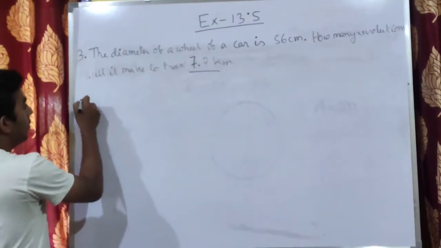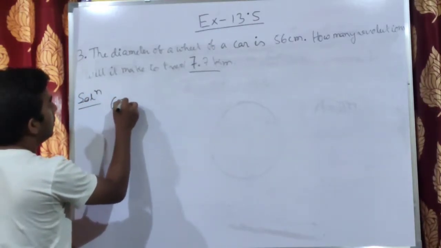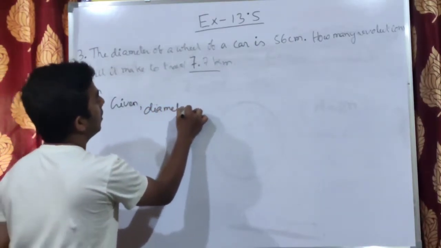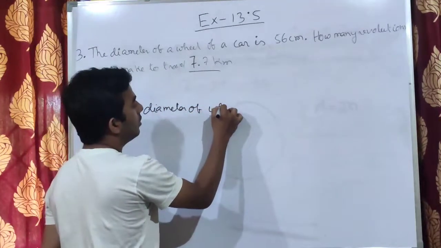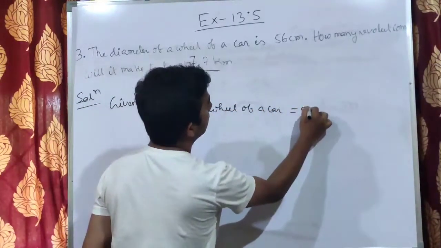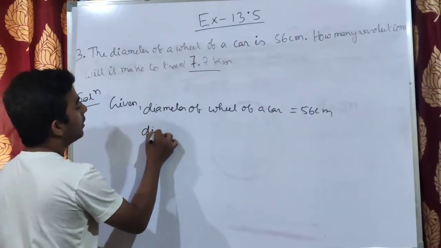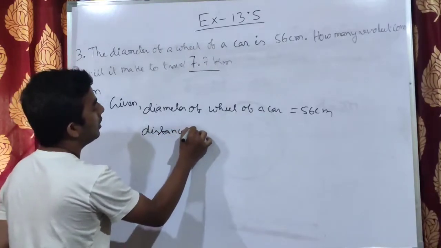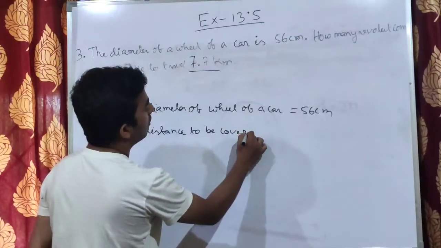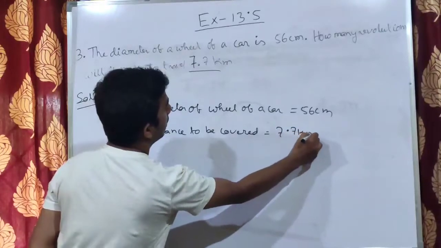So let's start. First of all, the solution. Given: diameter of the wheel of a car equals 56 centimeter, and the distance to be covered equals 7.7 kilometer.